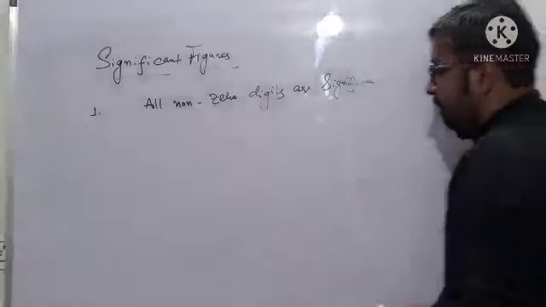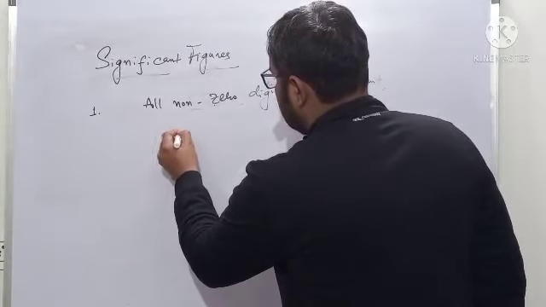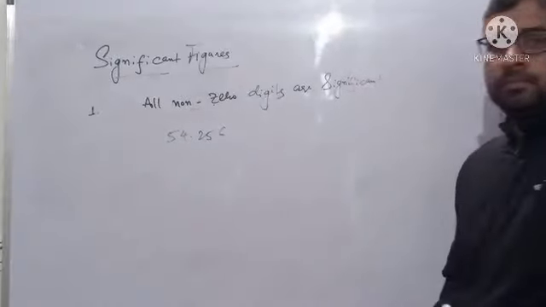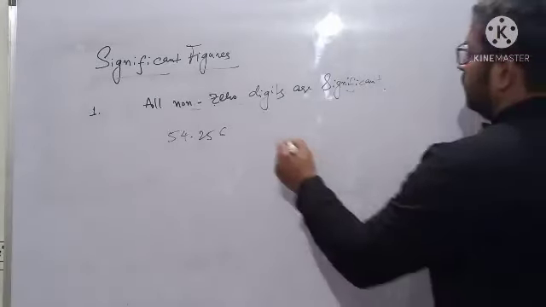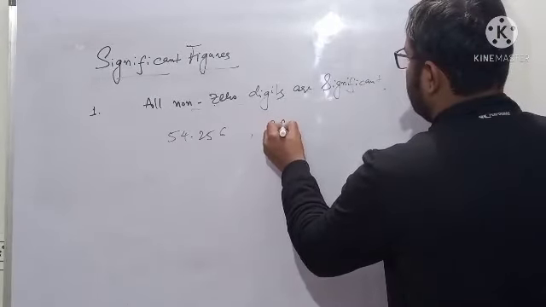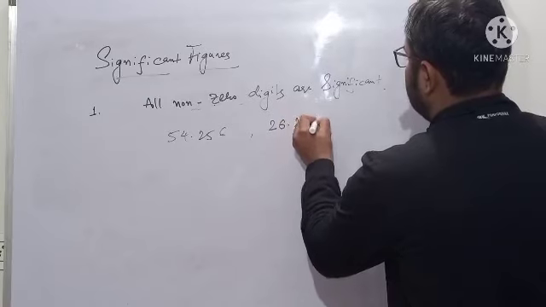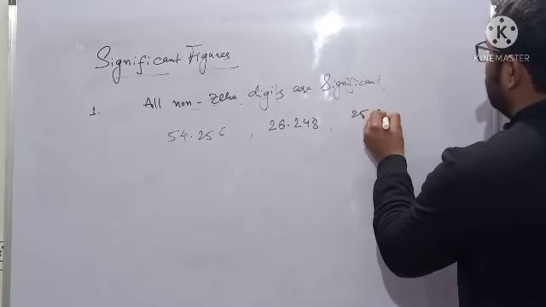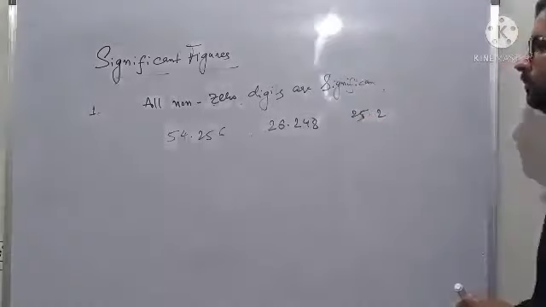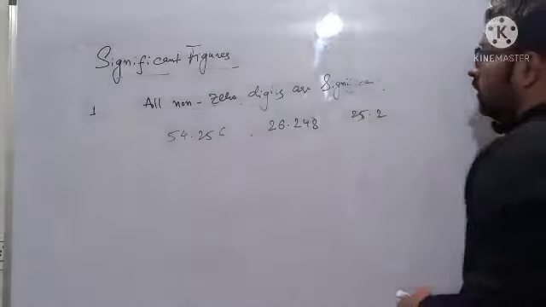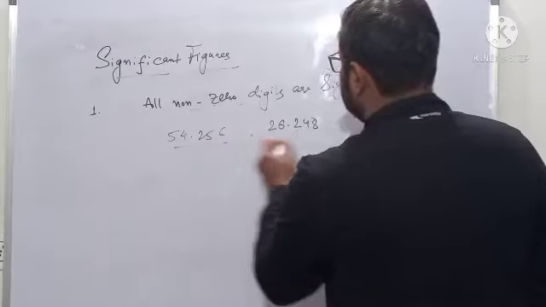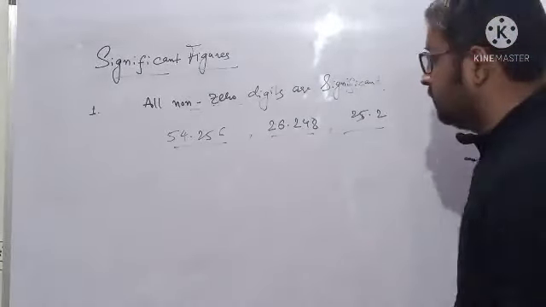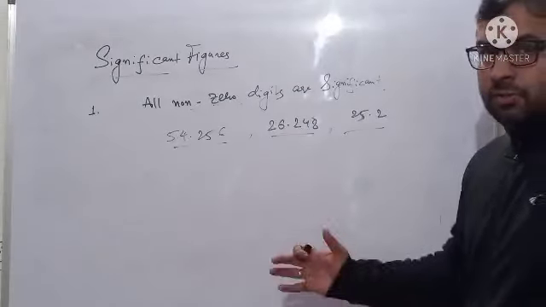For example, 54.256, 26.248, 25.2. These all are non-zero digits, and all these digits are significant because they have been measured by an instrument.